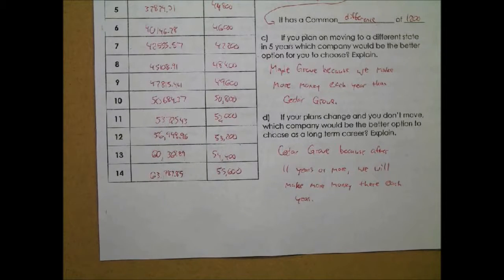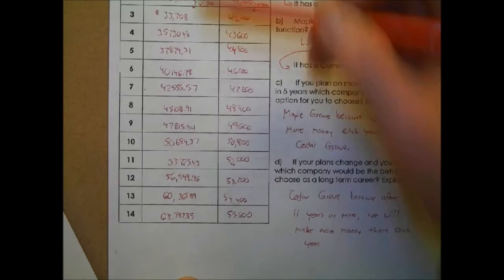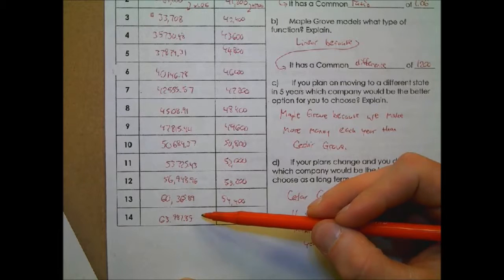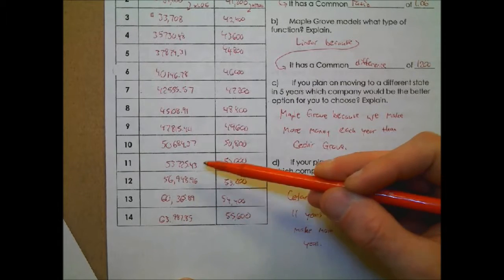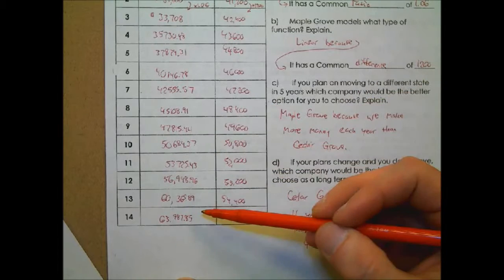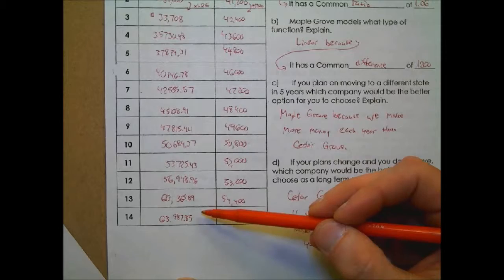Maple Grove. But I was doing this problem ahead of time, and I was like, you know what? Think about this, though. If you worked there for 14 years, that means you made this much in the year before, and this much in the year before. So when you work 14 years, yes, that's what you make in your 14th year, but the overall amount of money that you make would be if you add all these together.